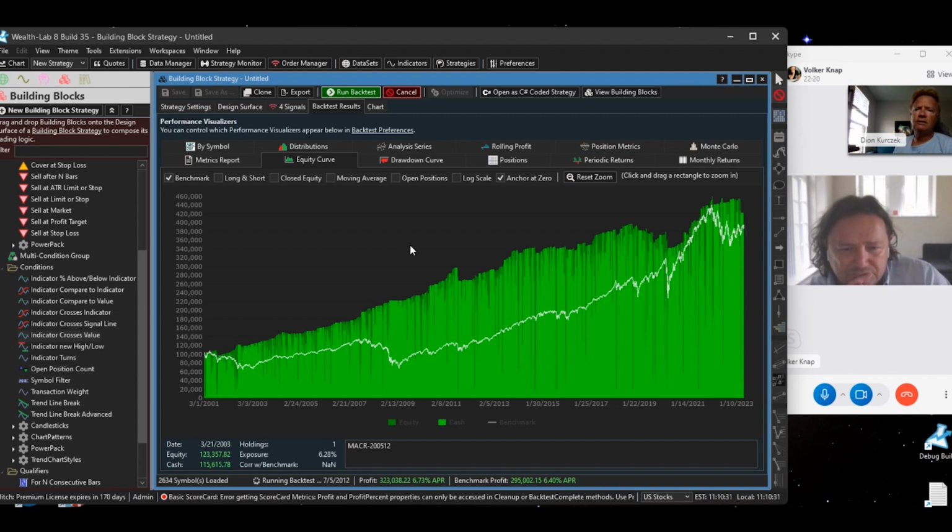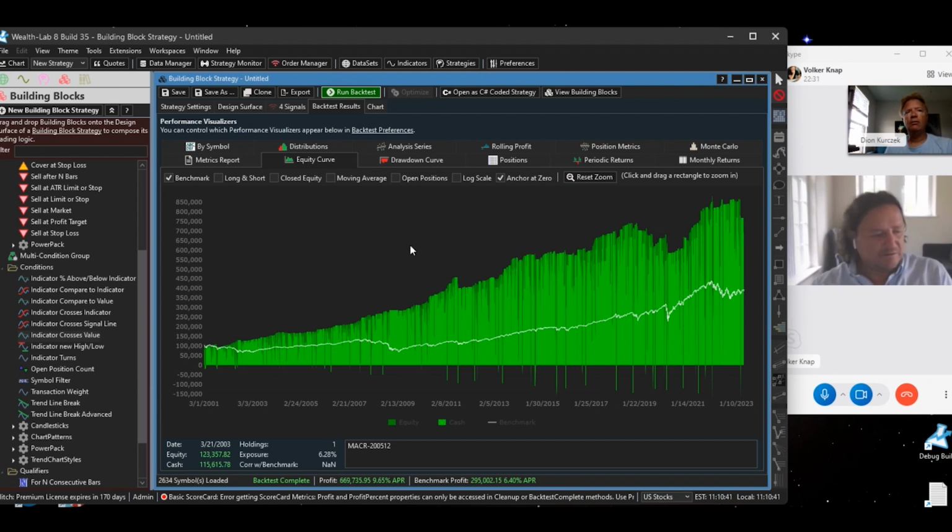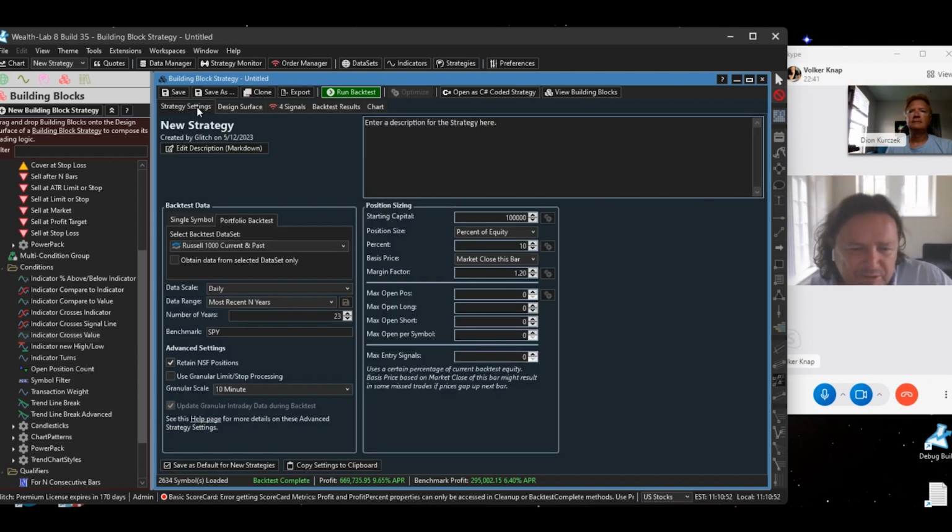What is the deviation set at now? It's 2.5. Yeah, maybe we try it at a standard 2.0, and maybe even reduce the percentage a little bit. Well, it seems to be trading a lot already.